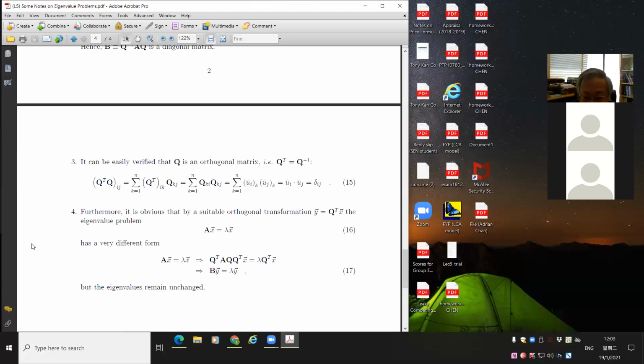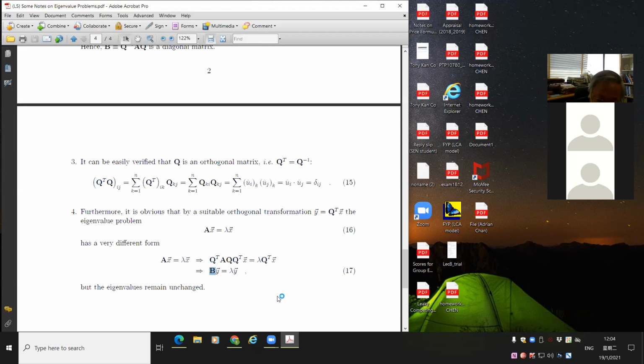Once we find that suitable orthogonal transformation, solving the resultant eigenvalue equation becomes trivial, because the resultant transformed matrix B is diagonal. So we have lambda 1, y1, lambda 2, y2, up to lambda n, yn. So this is a very nice way to solve eigenvalue problems.